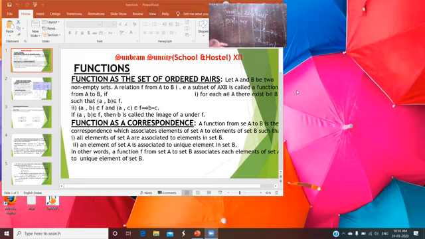That is known as the range of the function. Now here we come to the topics of class 12. All that was the topic we were studying in class 11th. Now in class 12th, next slide.